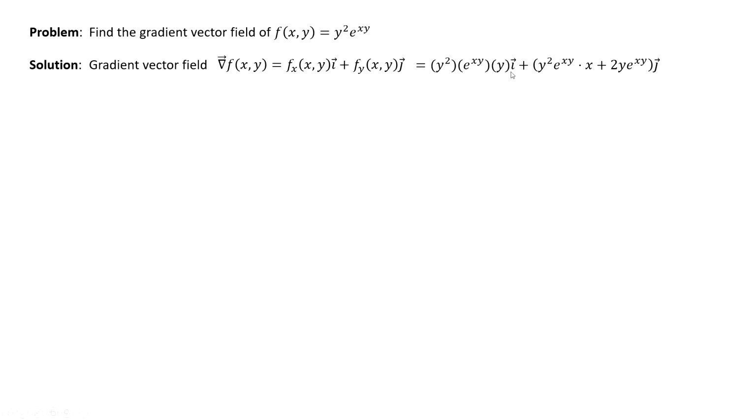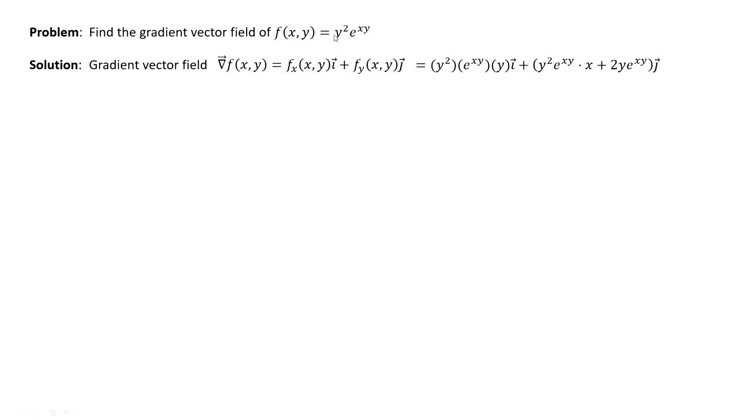So you get that. Now, the y component, on the other hand, is just a tad involved. We need to apply the product rule, and that's what I'm doing. First function, y square, times the derivative of the second function, e to the xy, times the derivative of xy with respect to y, is just x, right? So x should be treated as a constant, times the derivative of y is 1. That's why I have a times x here.